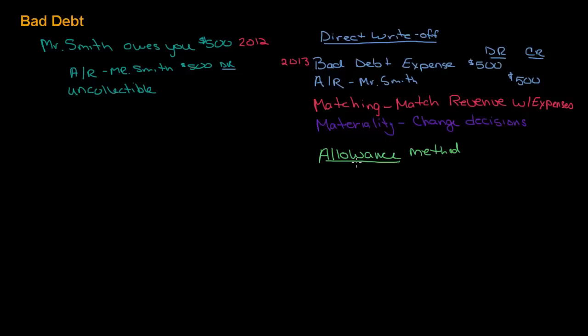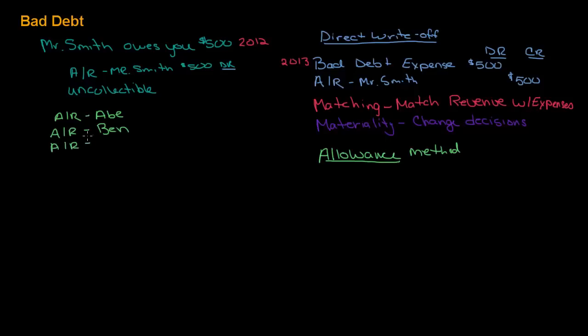You can almost think of it as like if you have a checking account, it's kind of like overdraft protection, okay? And the way this works is if you think about accounts receivable, my accounts receivable balance is actually a whole bunch of accounts receivables.